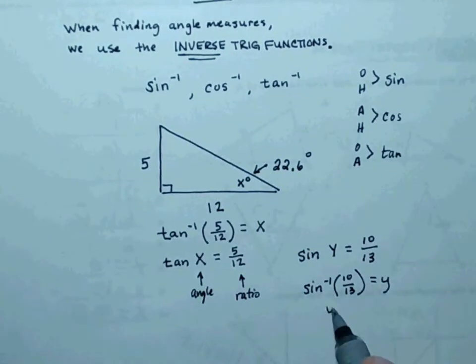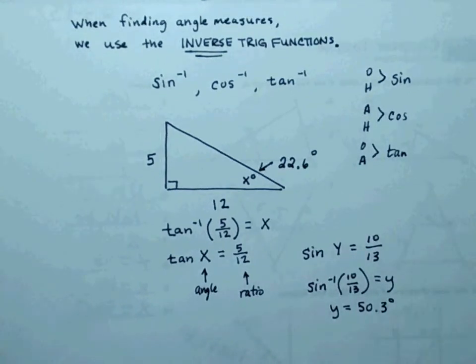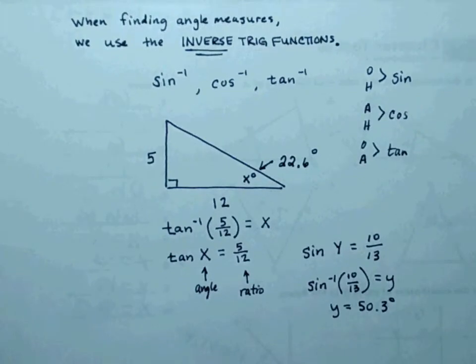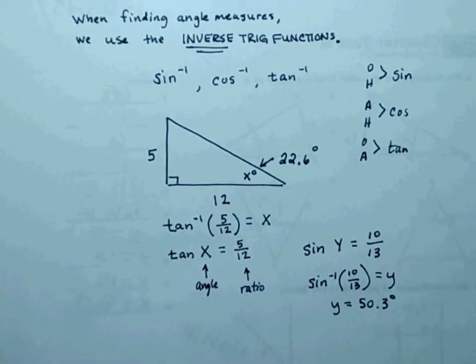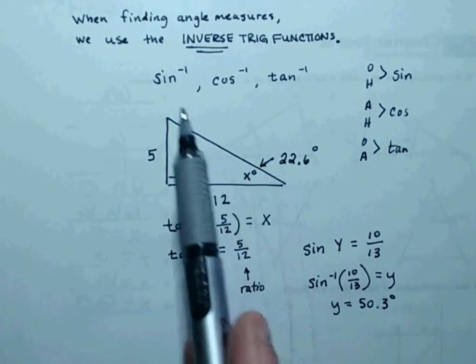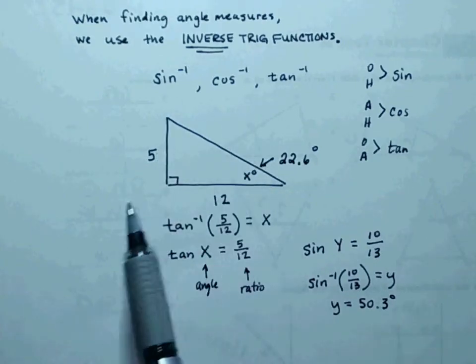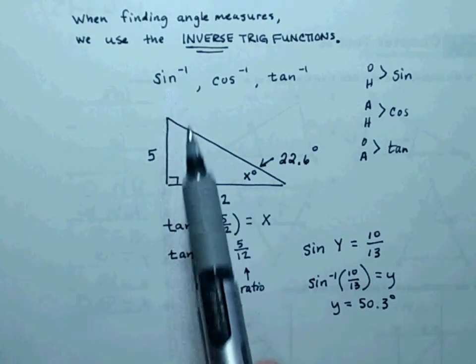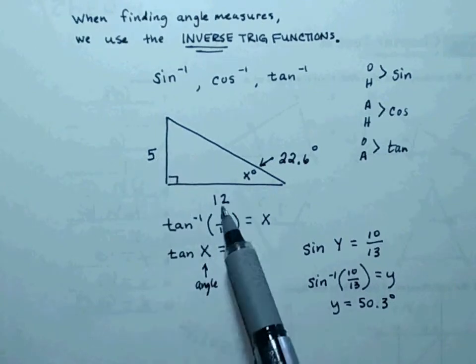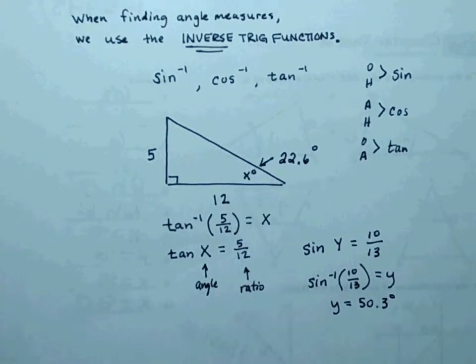So y would equal 50.3 degrees. And you would do the same thing with inverse cosine. If we had the opposite and the hypotenuse, we'd use sine. If we had the adjacent and the hypotenuse, we'd use cosine.